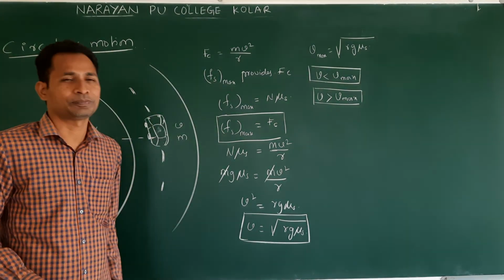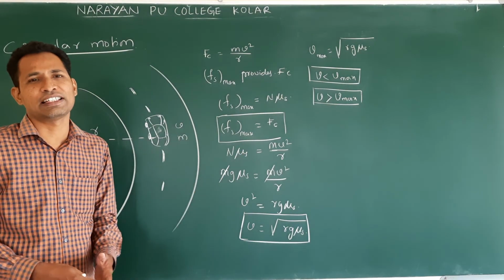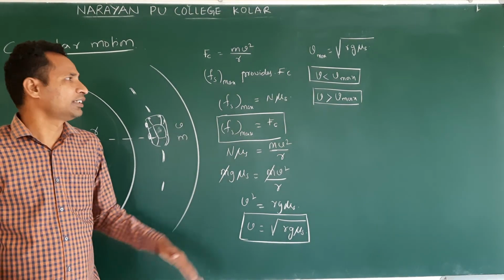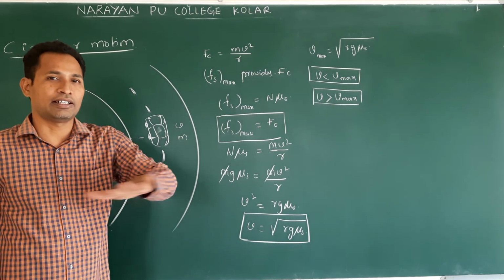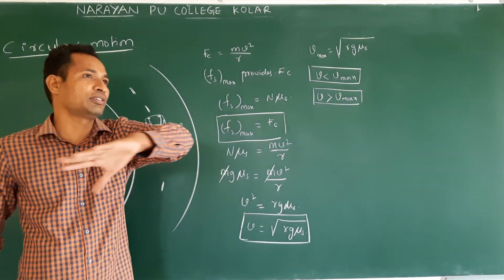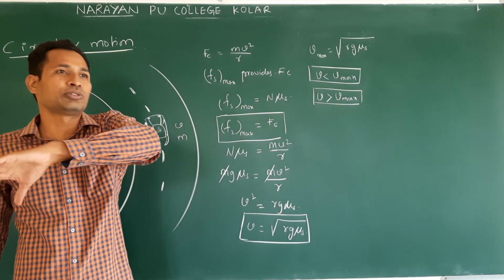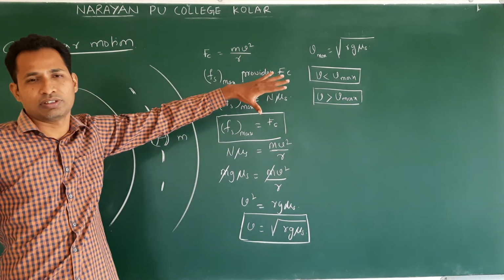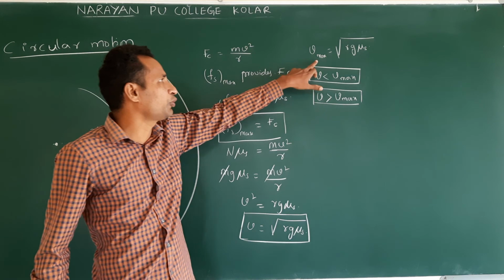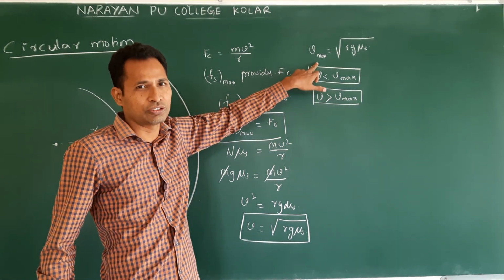This is the reason. If you see the highways, on highways the flat curve has a very long radius. To take the turn, it takes a long curve, right? The reason is this: to move with high velocity on the curves.